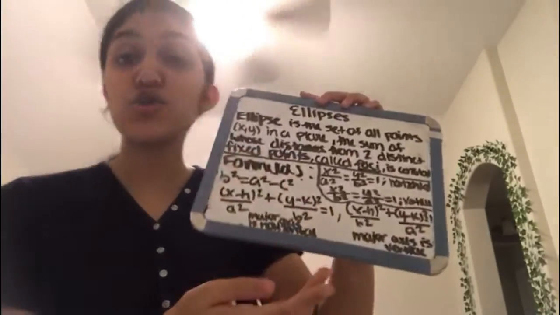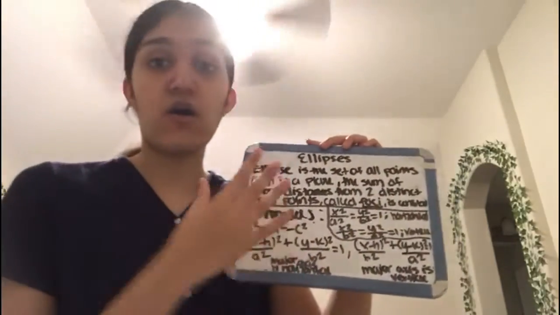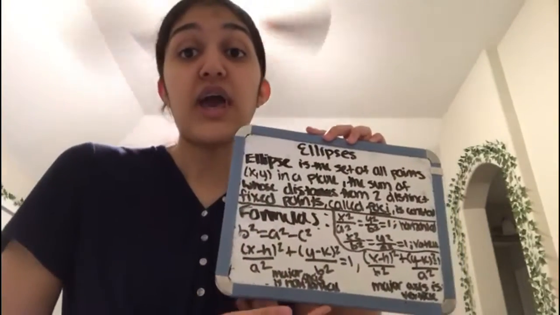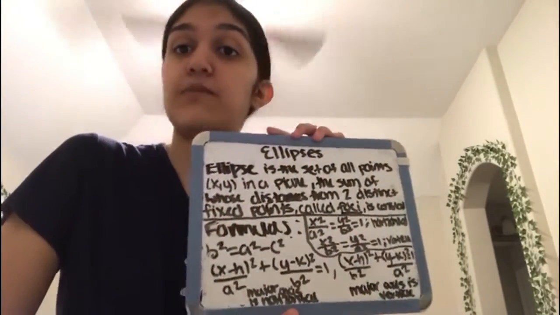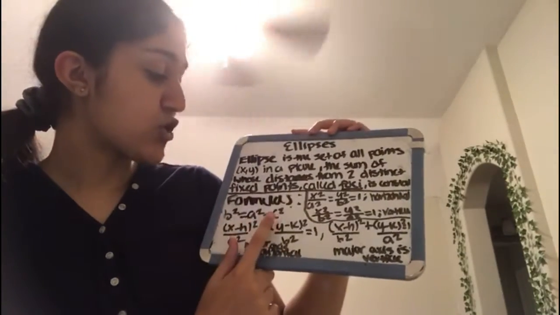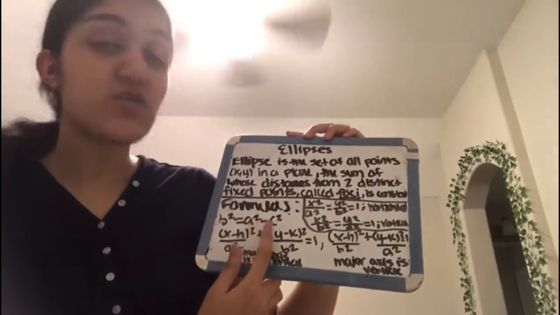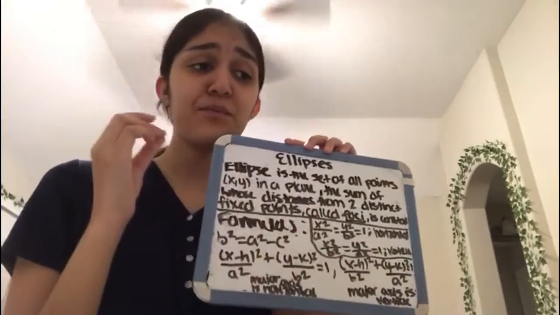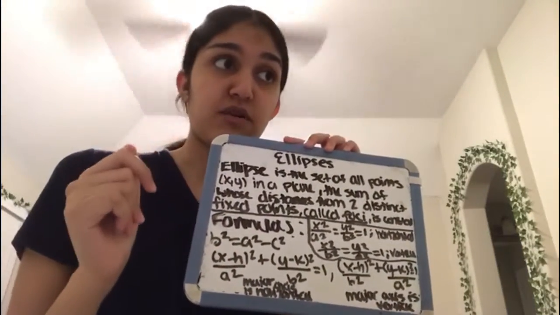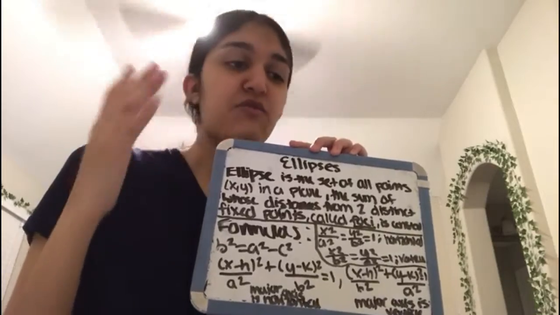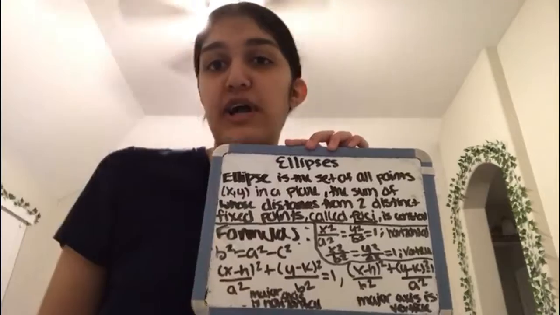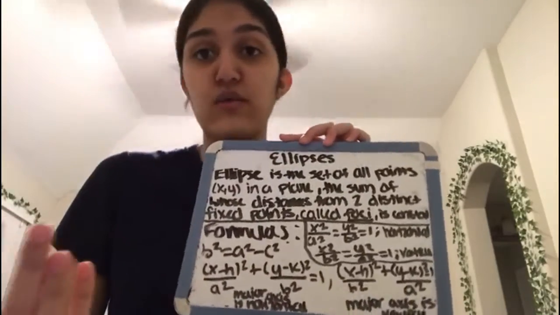The formulas you should really know are all of them, because these are the familiar formulas that you will need to get used to when solving ellipses. The first formula is b squared equals a squared minus c squared. This is like the Pythagorean theorem, but different, because you're just subtracting. You're not multiplying or finding the square root of anything.